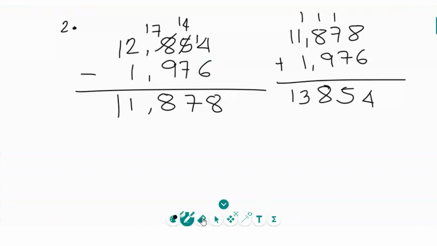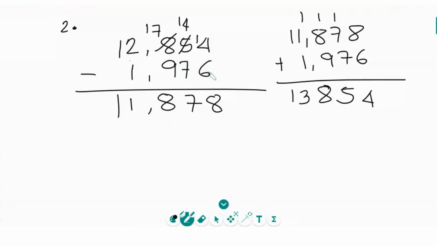Okay, let's recheck. So 8 plus 6 is 14, carry over 1. And 7 plus 7 is 14, plus 1 will become 15, carry over 1. 9 plus 1, that will become 10. 10 plus 8 will be 18, carry over 1. So 1, 2, 3. Okay, and that will be 1. Why is it 13,854? So let's check again.